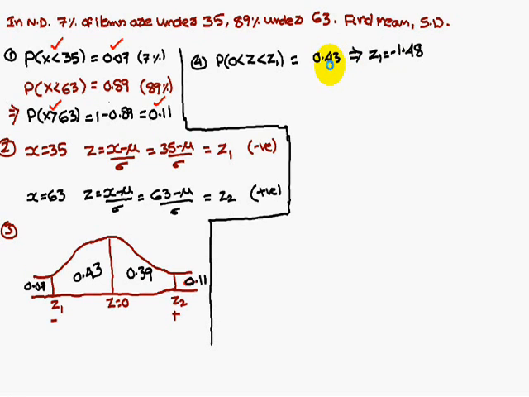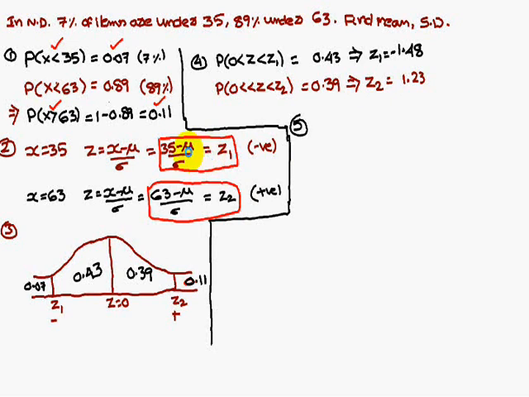From 0.43, the value of z1 is minus 1.48. This value you can get from the normal distribution tables. Okay. Similarly, z is equal to 0 to z is equal to z2. Z is equal to 0 means this one. Z is equal to z2 means this one. This area is 0.39. That implies z2 is equal to 1.23. That means this value also you can get from the normal distribution tables.